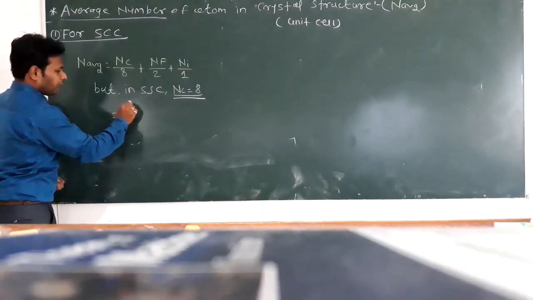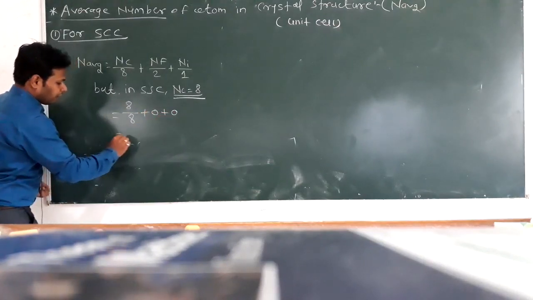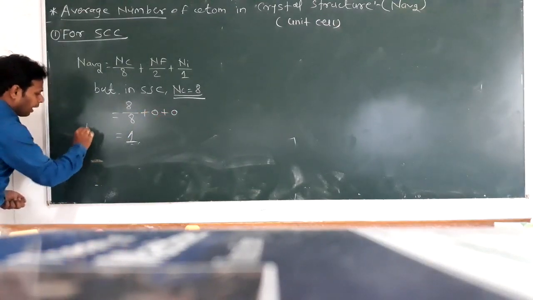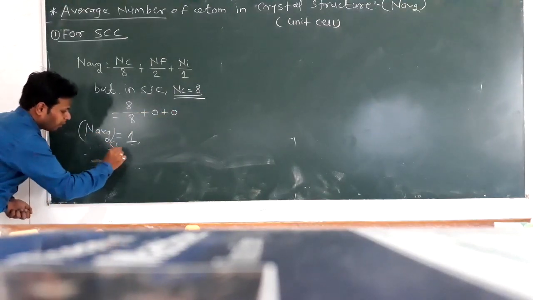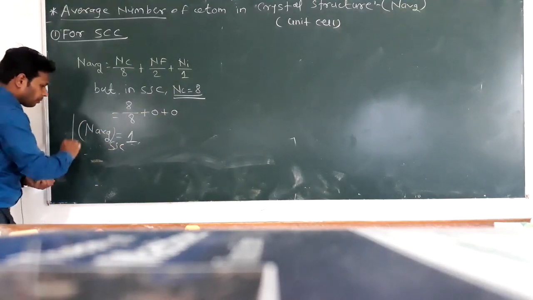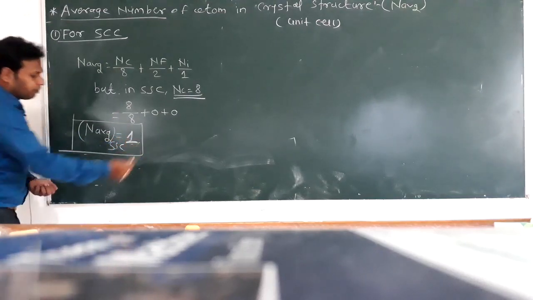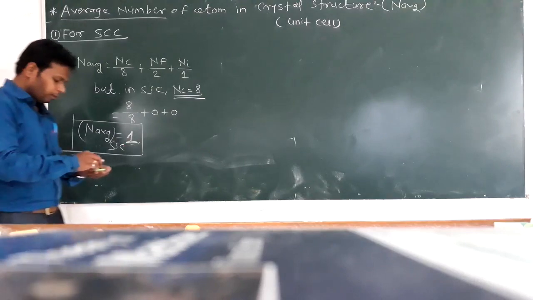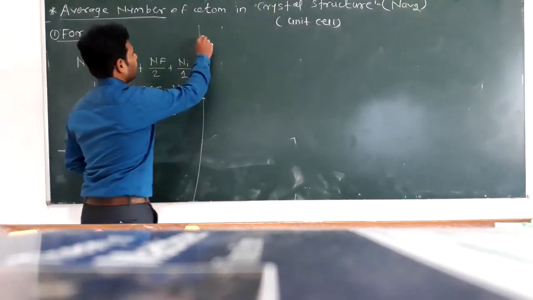So we put in this formula 8 upon 8 plus 0 plus 0, that is 1, which means the average number of atoms in a simple cubic structure is 1.